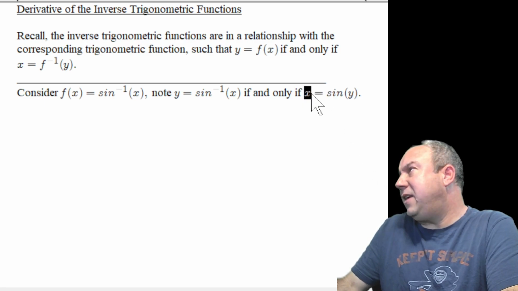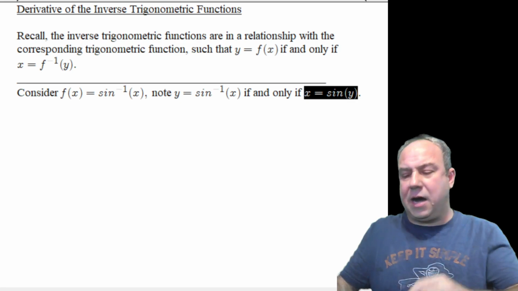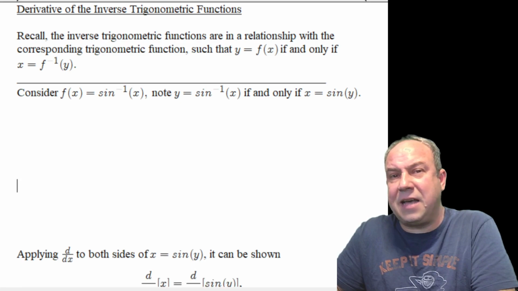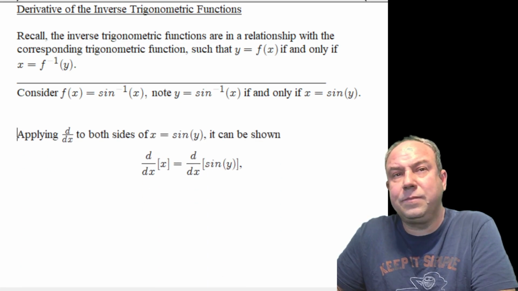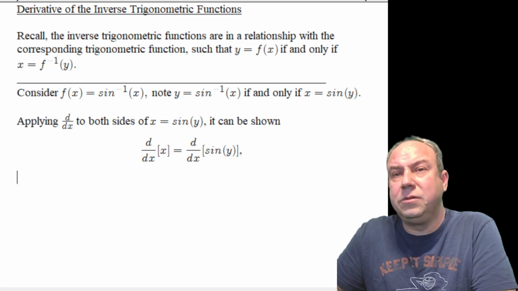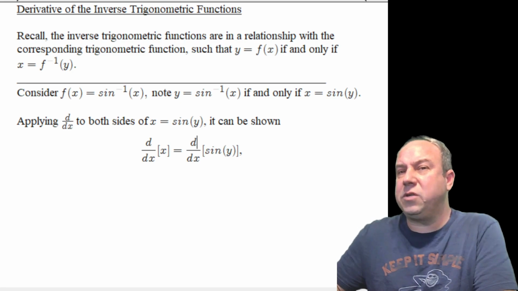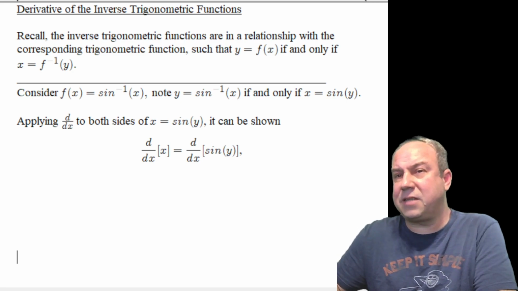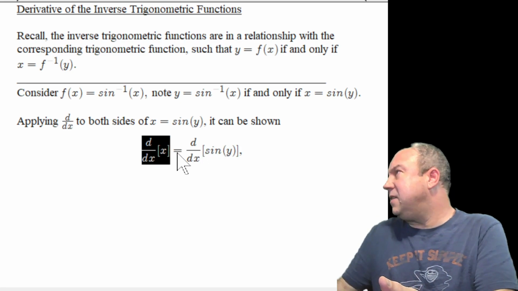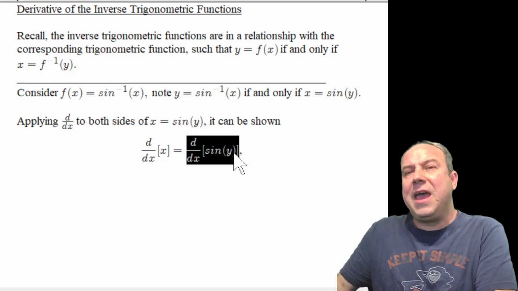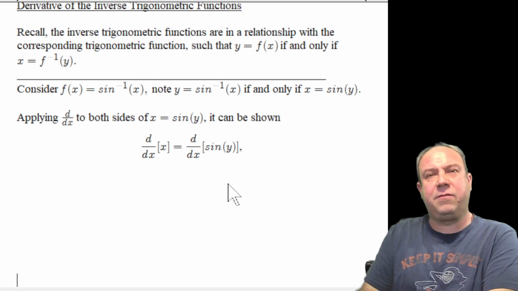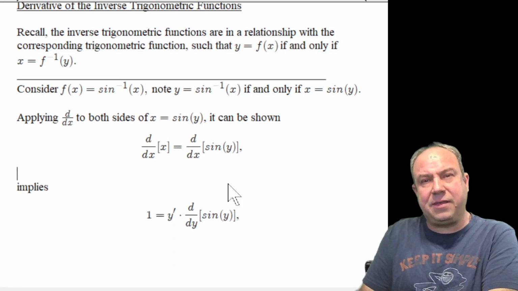If I take the result for x equals the sine of y, and I apply some implicit methods and apply the derivative to both sides of that statement, we can show that the derivative with respect to x of x is equal to the derivative with respect to x of the sine of y, where we know this derivative on the left-hand side is equal to the value of 1, and this derivative on the right-hand side is equivalent to y prime times the cosine of y from our implicit methods.